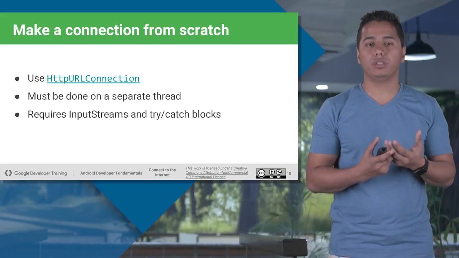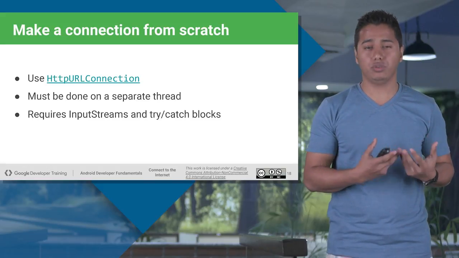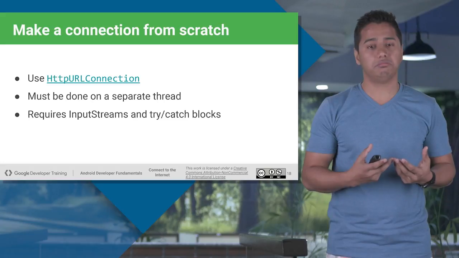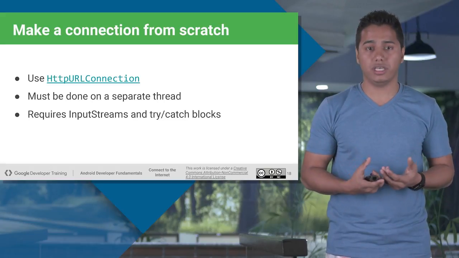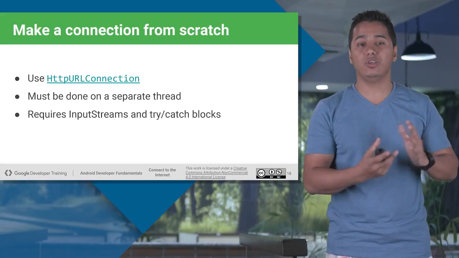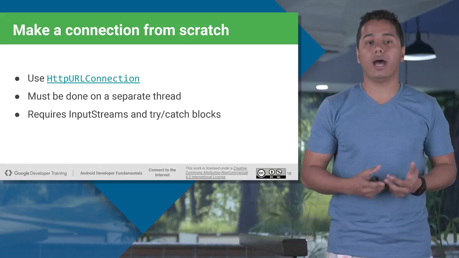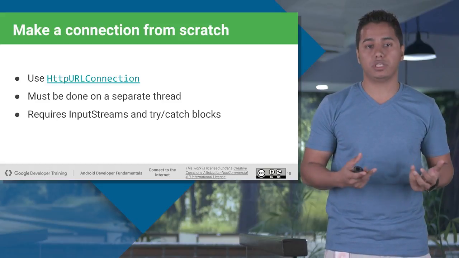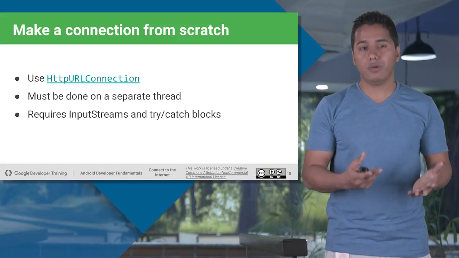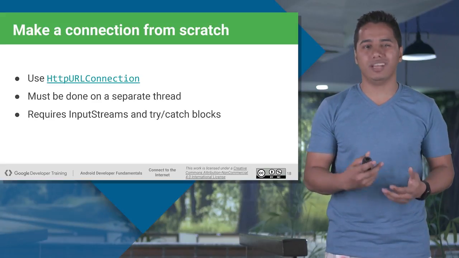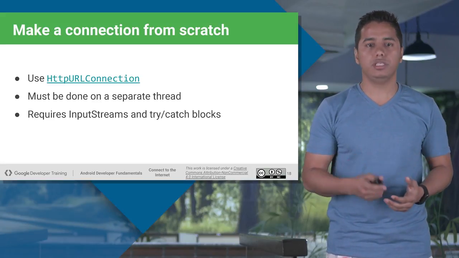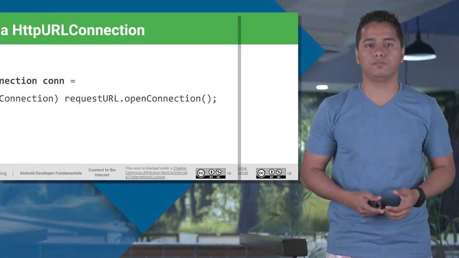So you can't put that in your main thread. If you try to put that in your main thread, you don't know how much time your internet is taking, so your application might crash. So always put that in your doInBackground. And after that, it will require some try and catch statements. Why? Because you might provide a URL which doesn't even exist. So those kinds of exceptions need to be taken care of by your try and catch blocks.